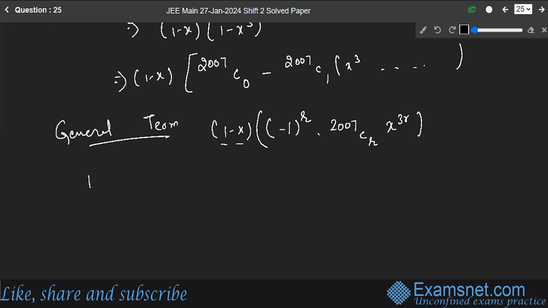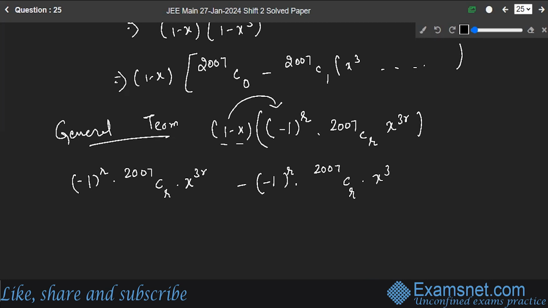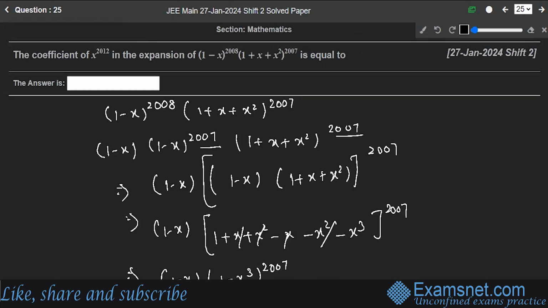So this will be 1 multiplied by this whole thing: minus 1 power r multiplied by 2007 Cr into x raised to 3r, minus 1 power r into 2007 Cr into x raised to 3r, where this x will be multiplied, so 3r plus 1. Right. Now what you need to find out is the coefficient of x raised to 2012.